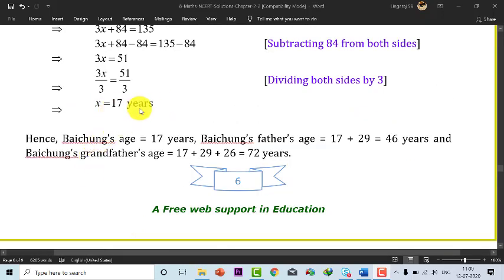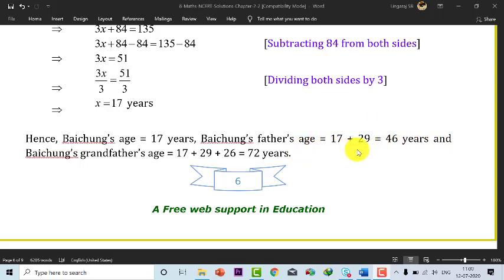It is easy to find the remaining two values. So hence Baichung's age is 17, because we took x as Baichung's age. Baichung's father's age is 29 more than Baichung's age, so 17 plus 29 will be 46 years.